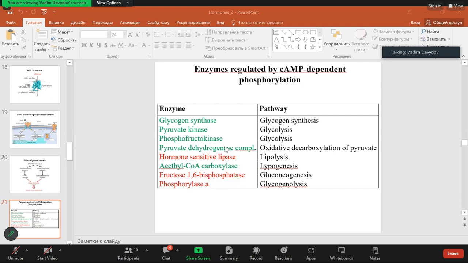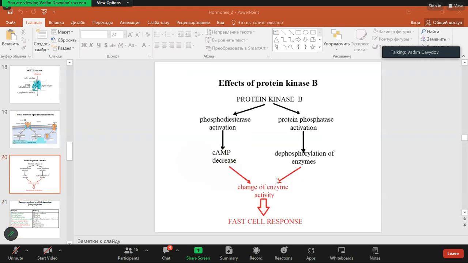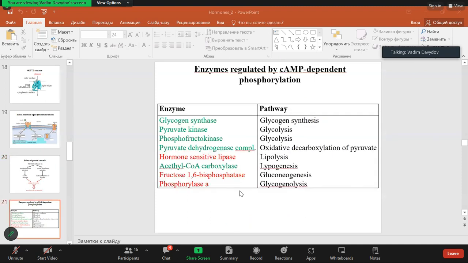But dephosphorylation in that pathway of regulation, of such enzymes as hormone-sensitive lipase, fructose 1,6-bisphosphatase or phosphorylase A, will lead to inhibition of the process of lipolysis, inhibition of gluconeogenesis, and inhibition of glycogenolysis.